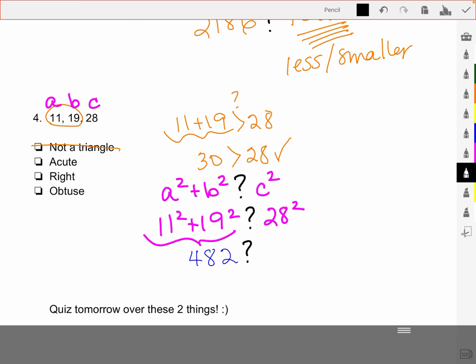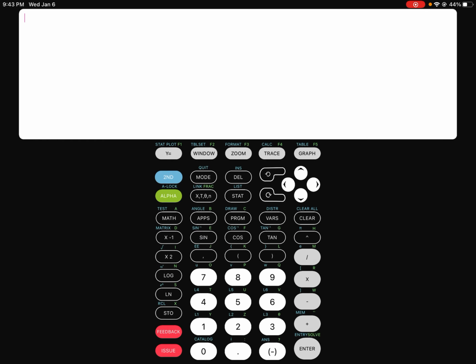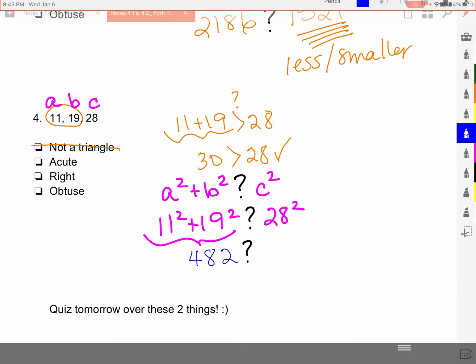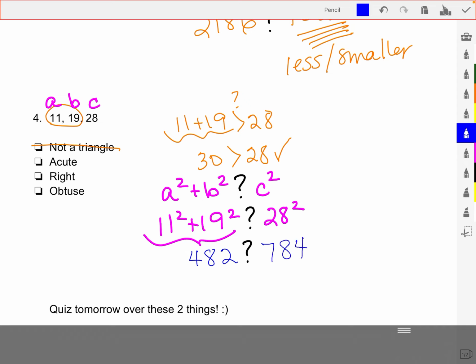Compared to 28 squared, 784. So this is my c squared, and it is bigger, which would make my triangle obtuse.